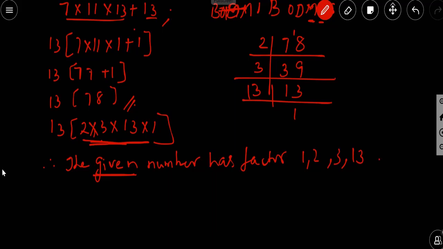Hence the number is a composite number. Okay, done with the first one.